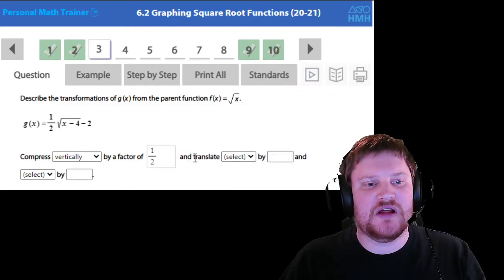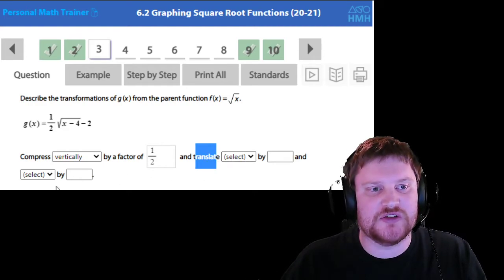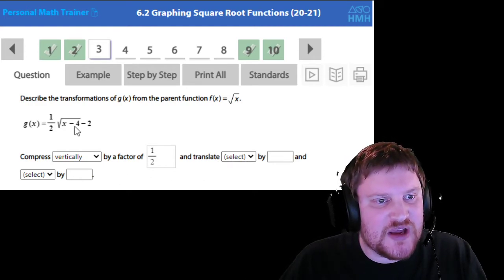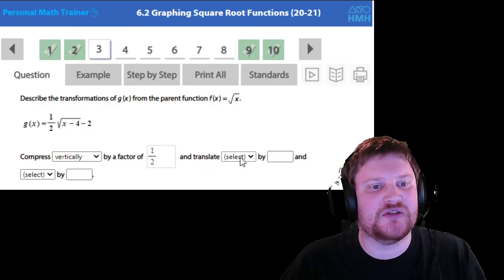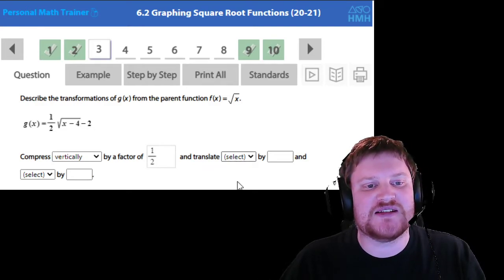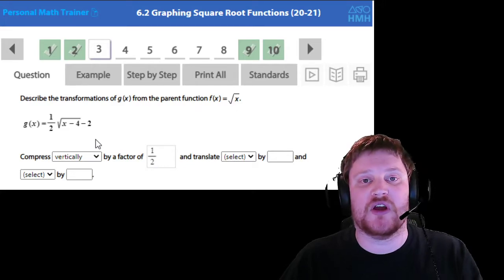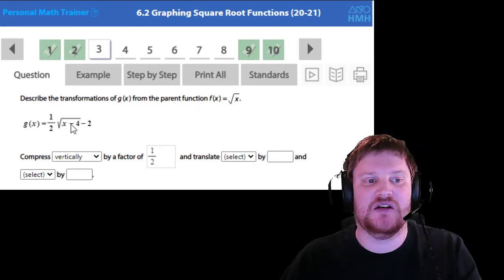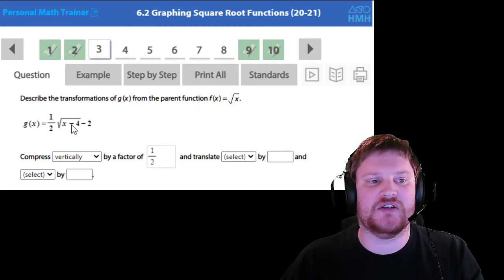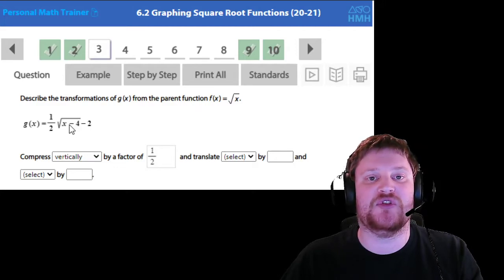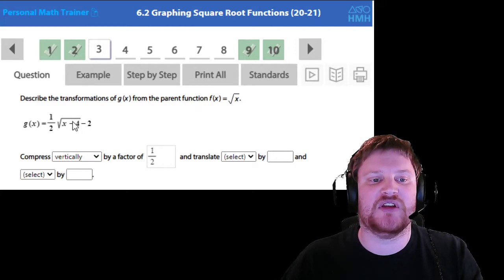Then they're going to tell us that it's going to translate in 2 different directions. Well, I see a negative sign on the inside and a negative sign on the outside. So first they're asking us left or right, horizontally, so that's going to be on the inside. Remember, negative you would think moves to the left, but everything on the inside is backwards and stupid, so that's going to be to the right 4 units.